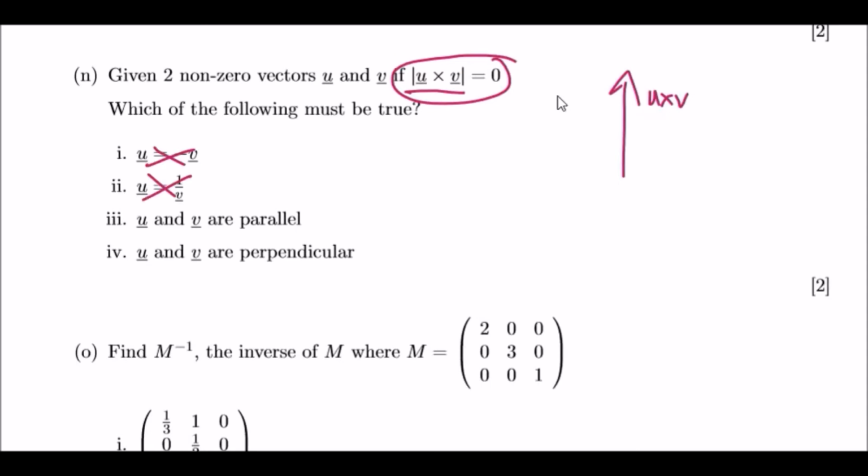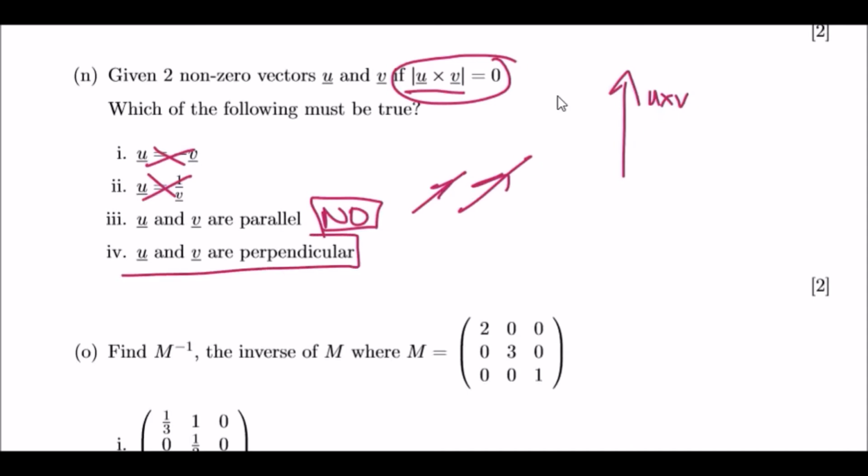False. u equals 1 over v, not necessarily. Parallel? No, definitely not. If it's parallel, it would not be multiplied to equal 0. This gives a perfect 90 degrees. This would mean there's some sort of similar proportionality involved. It's either perpendicular or it has the same magnitude, just a bigger version of it. That's parallel lines, at least.